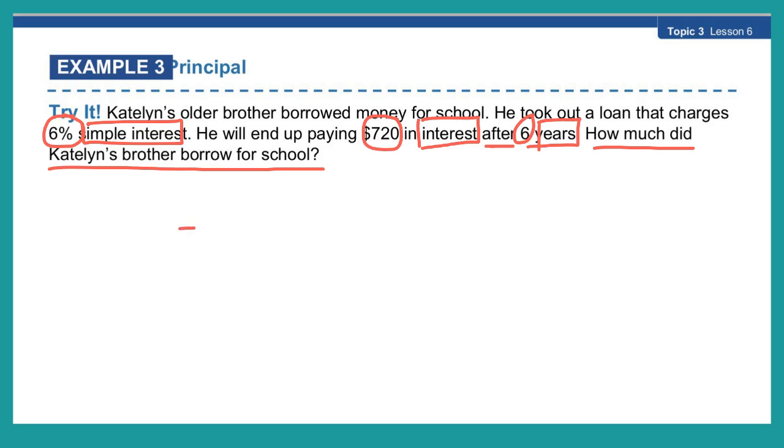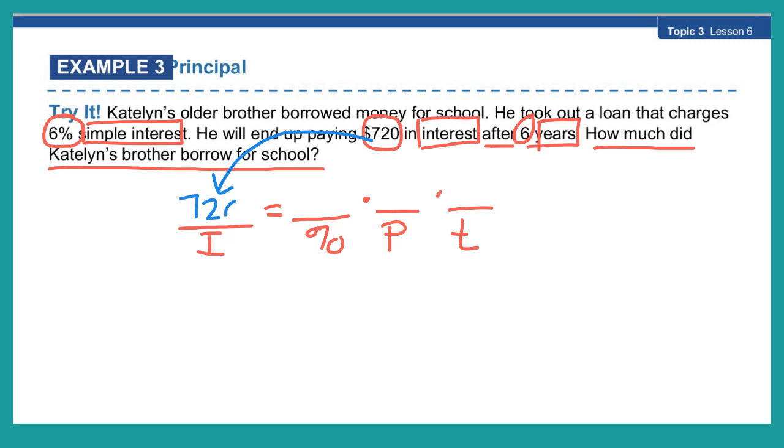So I think we can start filling in the interest equals the rate times the principal times the time. So let's fill in some boxes. Interest, right there, $720. Time, right there, 6 years. And we also have 6%.